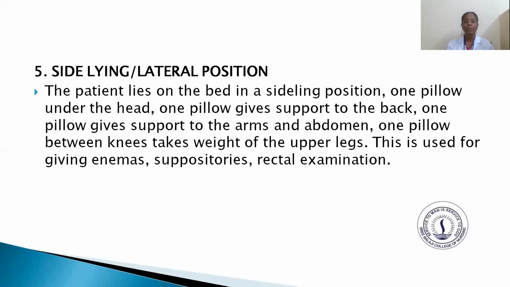One pillow gives support to the arm and abdomen. One pillow between the knees to take the weight of the upper leg. This is used for giving enema or suppositories or rectal examination. So these are the uses of the side lying position. So we discussed the side lying or lateral position.